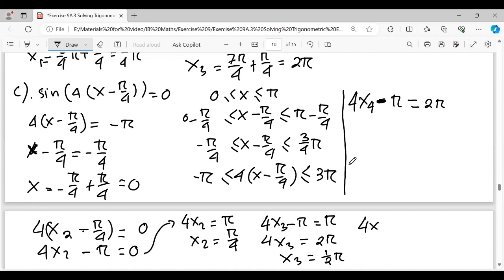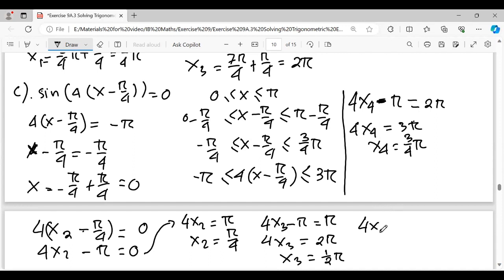Because until 3 pi, we need to consider 3 pi, so for x4, 4x4 equals 3 pi, x4 equals 3/4 pi.